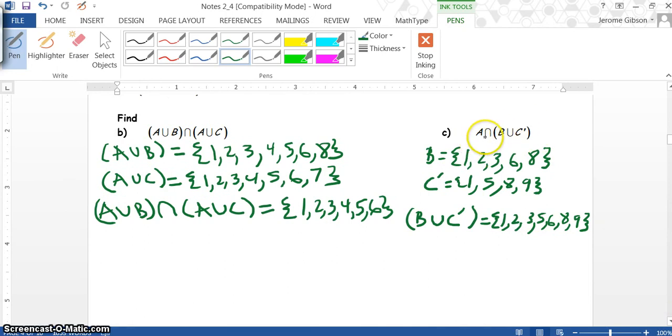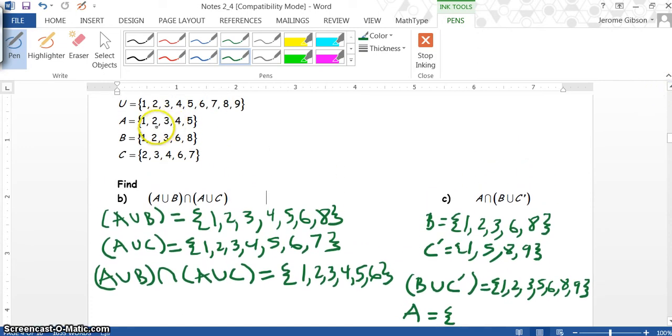Now we want to list our elements for A. The elements for A, which we still have written here, would be, well actually, let's scroll up. A is 1 through 5. So we have 1, 2, 3, 4, 5.